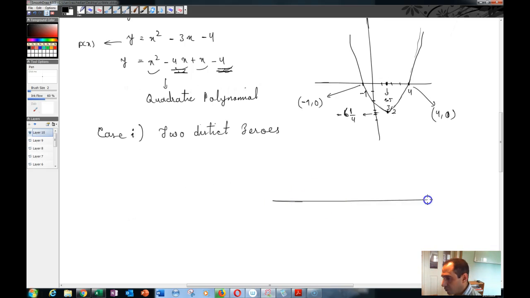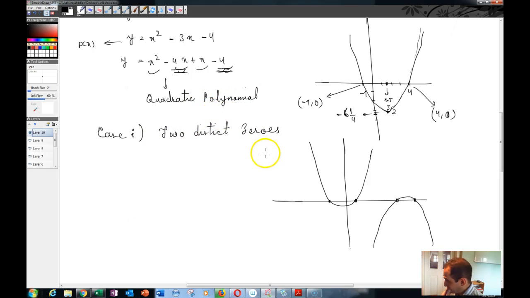So your graph could be basically, for example, something like this, in which case you will have these 2 zeros over here opening upwards, or it could be something like this opening downwards, where you would have 2 distinct zeros, or basically 2 distinct roots for your polynomial.